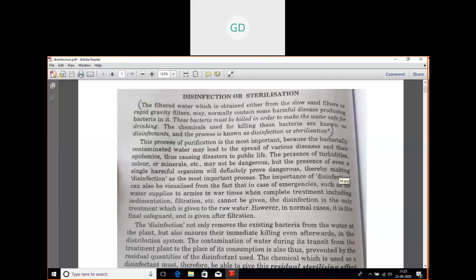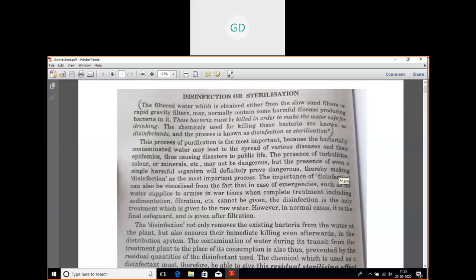Okay, so suppose I am giving you two glasses of water. I'm just giving you an example. In glass number one, the water contains all kinds of impurities that you have studied till now.